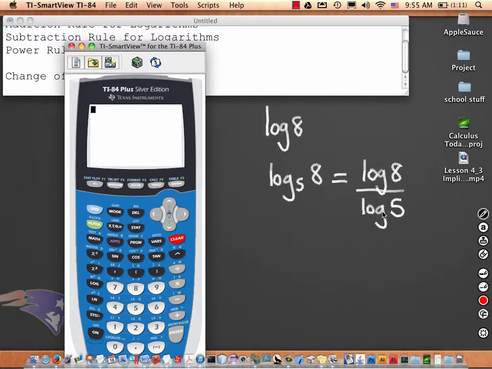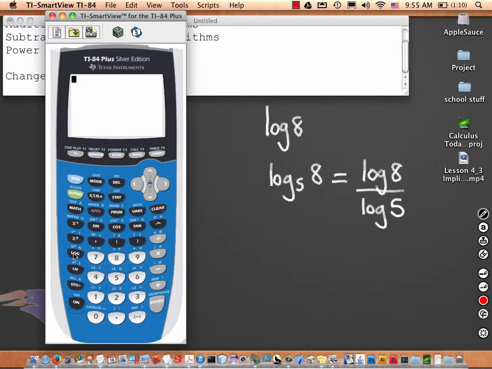Now the base is 10. So I type in log 8, close parenthesis, divided by log 5, close parenthesis, and there's the log base 5 of 8. Now, let's interpret that. What does log base 5 of 8 even mean? 5 to the what power?